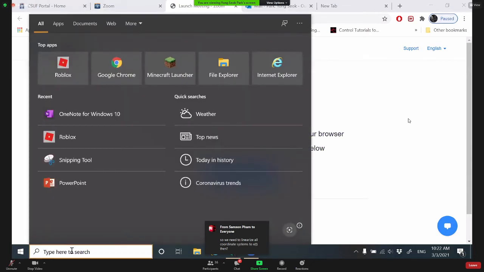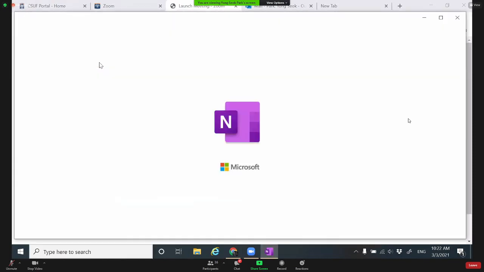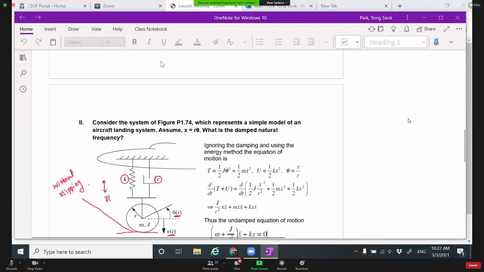Can you see that? So we need to realize all the coordinate system. Okay. So now we know that.